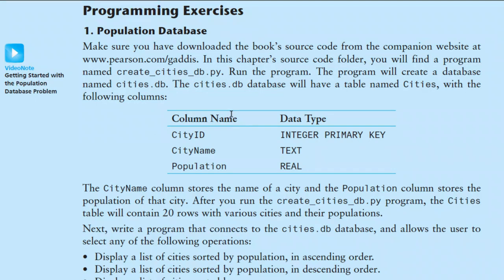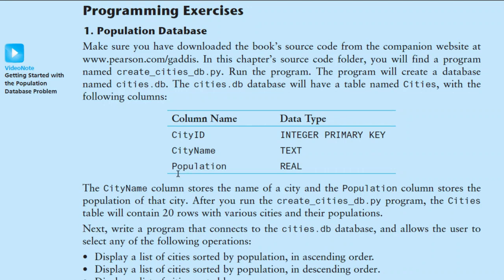It will have a table named cities, and the cities table will have three columns. The first column is named city ID, which is an integer primary key. The second column is named city name, and that's a text column that's going to hold the name of a city.